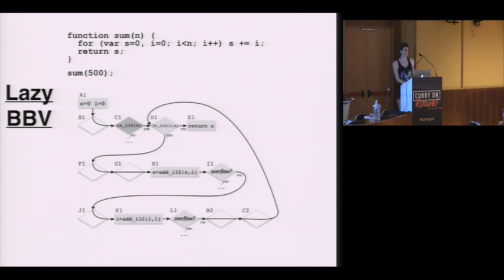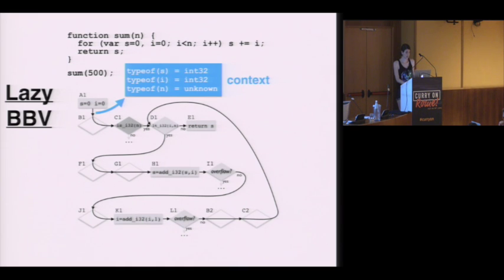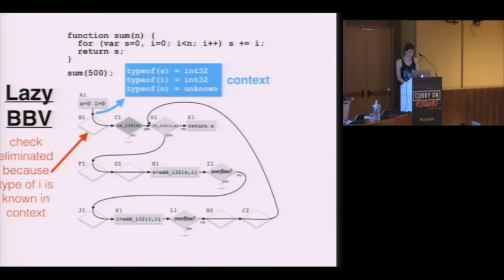And how do we achieve this? Well, we do this by first creating a context when entering the function where we know that s and I are int32 values. We know this because we just initialize them to integer values. But when entering the function, we don't know what the type of n is. But then as we execute, we will eliminate the first type check on I because we just initialized it.